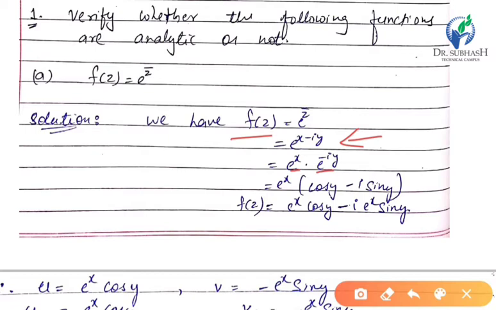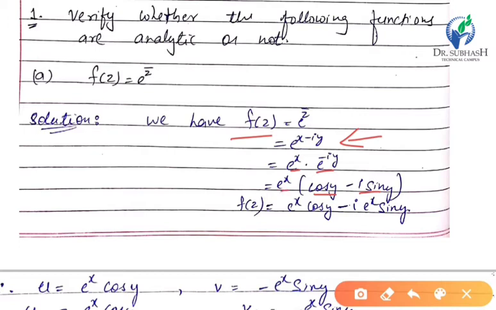Now by Euler's formula we know that e^(i theta) = cos theta + i sin theta. So we will use this formula here. e^(-iy) can be written as cos y - i sin y by Euler's formula. Now we multiply this e^x with this bracket.